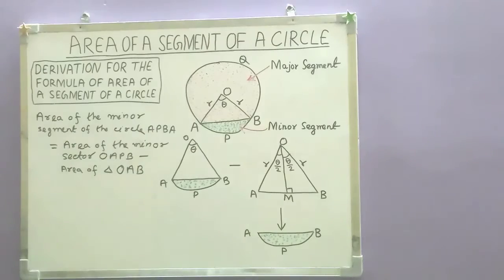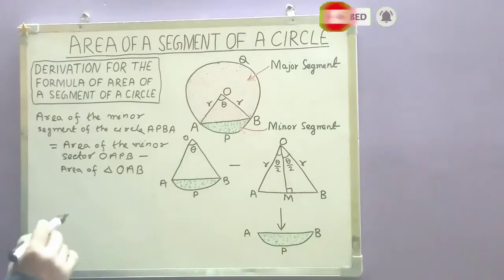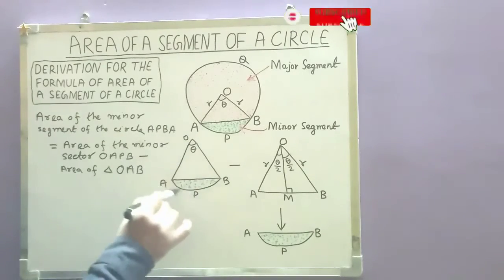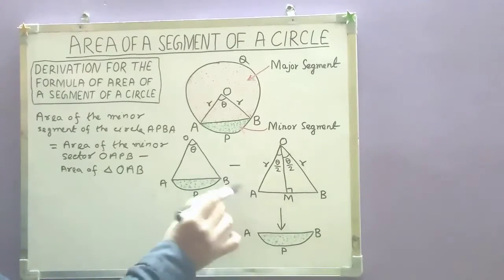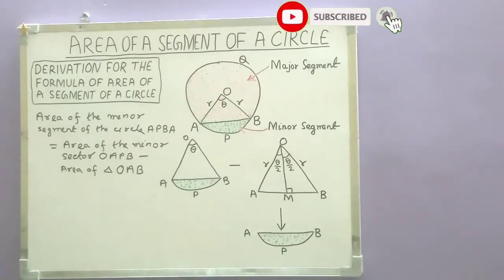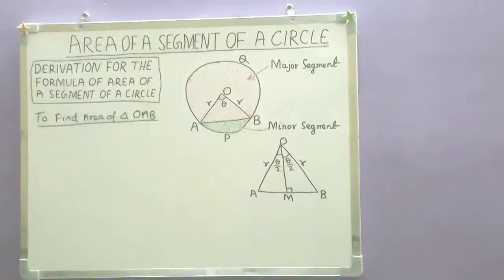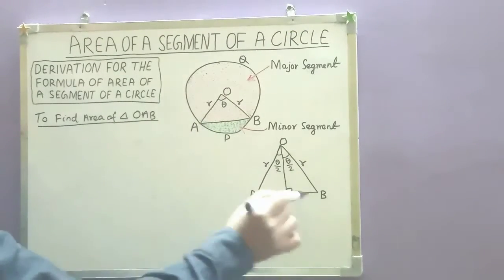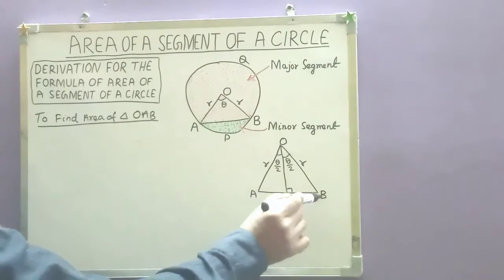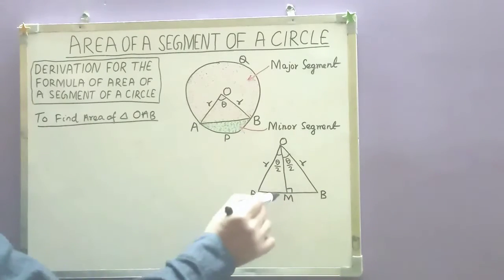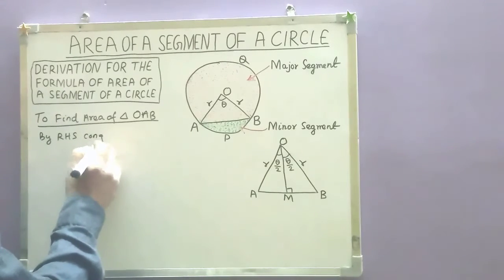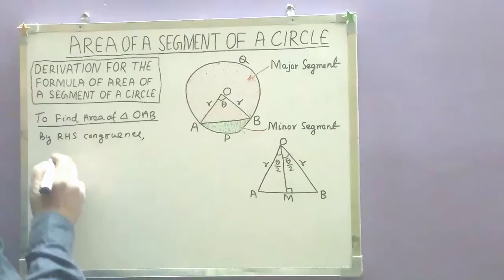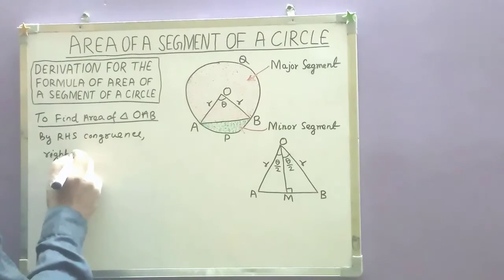We have already discussed how to find the area of a minor sector of a circle. Let us first know how to find the area of triangle AOB here, and then find the area of the minor segment. Draw the perpendicular OM on AB to form two right triangles AMO and BMO right angled at M. By RHS congruence rule, it can be proved that these two triangles are congruent.